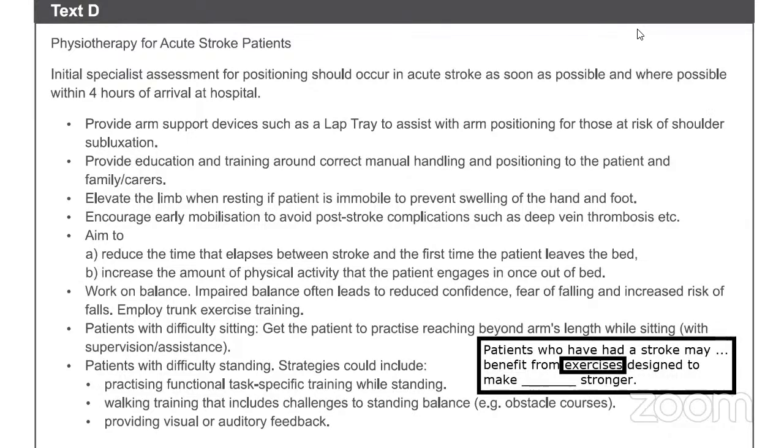Come on. Exercises means training. I thought exactly the lecture is finished. I'm going to finish two questions. Exercises means training.